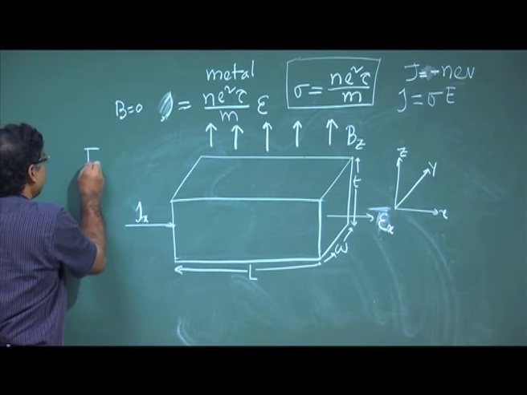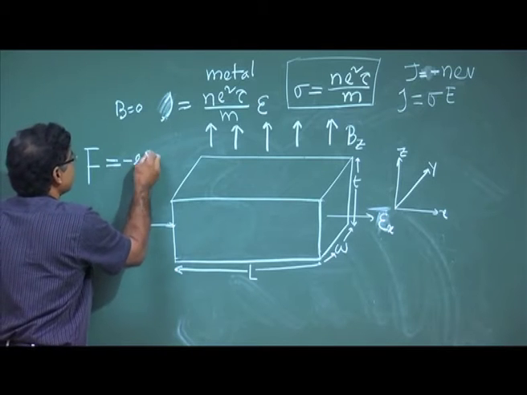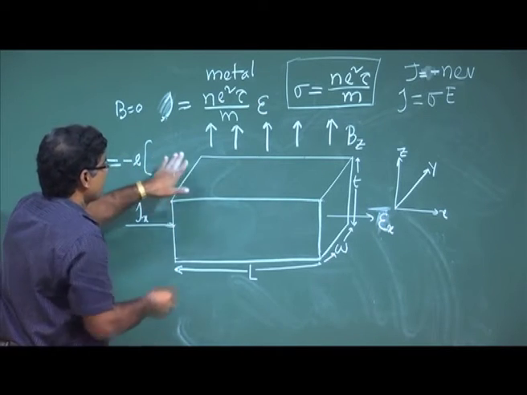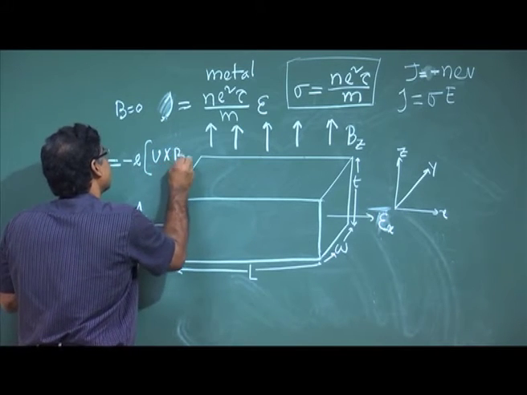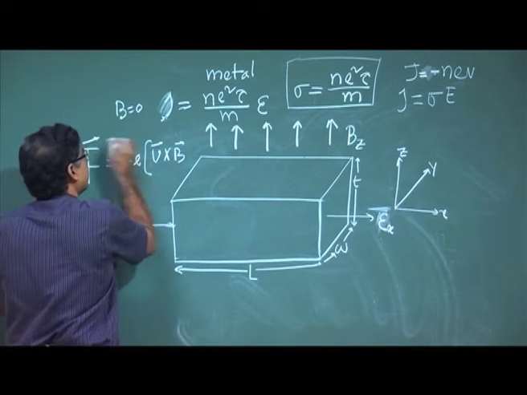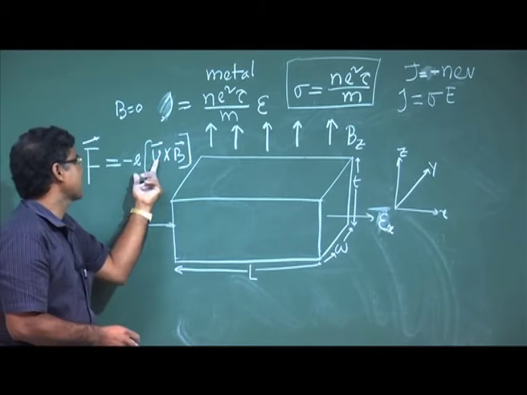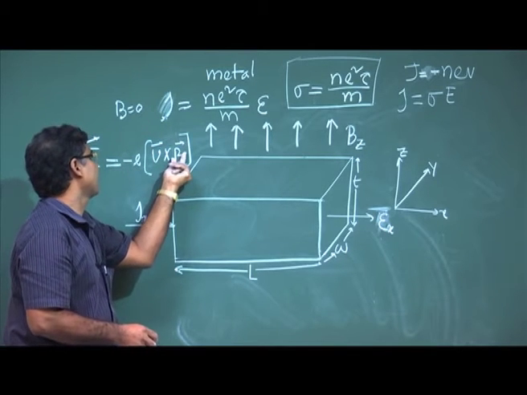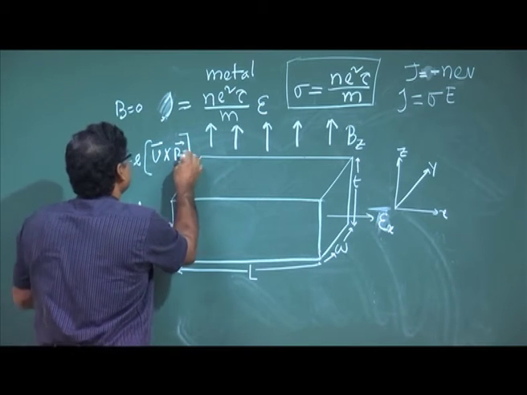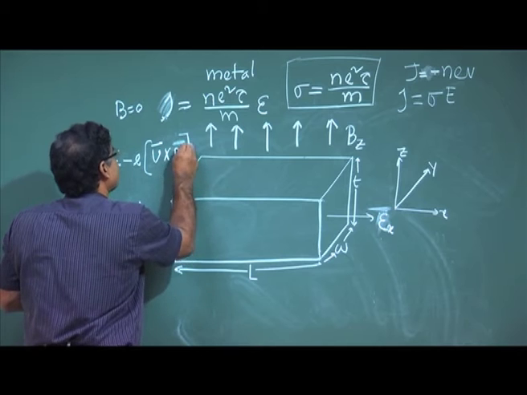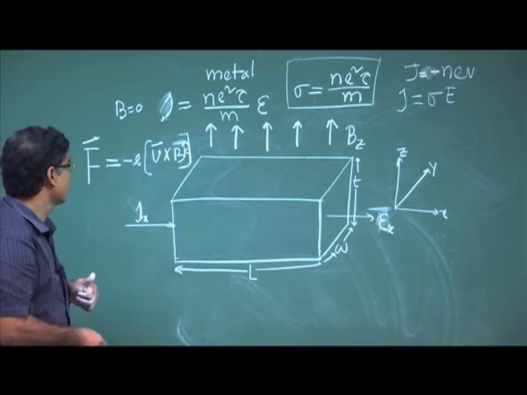Due to the magnetic field, F equal to minus e, V cross B. The force direction will depend on the direction of V and the direction of B. The direction of B is along the k direction, the unit vector k along the z direction.